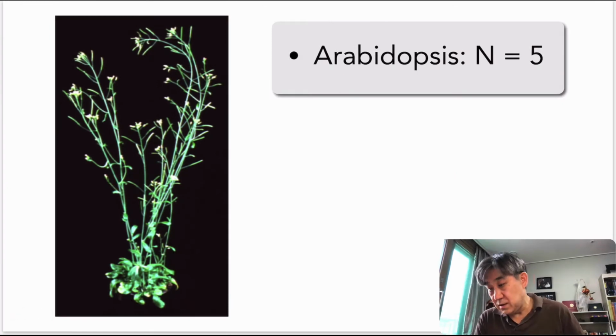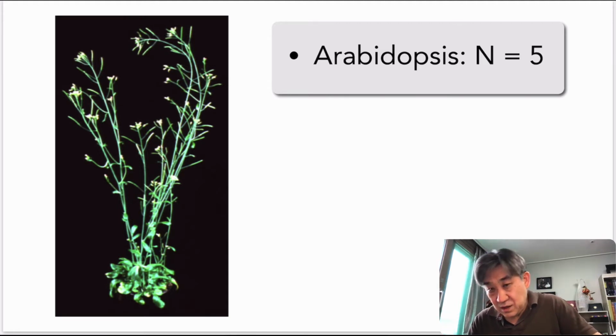In the case of the very renowned plant model organism, Arabidopsis, which is the scientific name, I forgot its common name. Arabidopsis is so famous that people usually go by its scientific name, but it is a wild small weed plant.